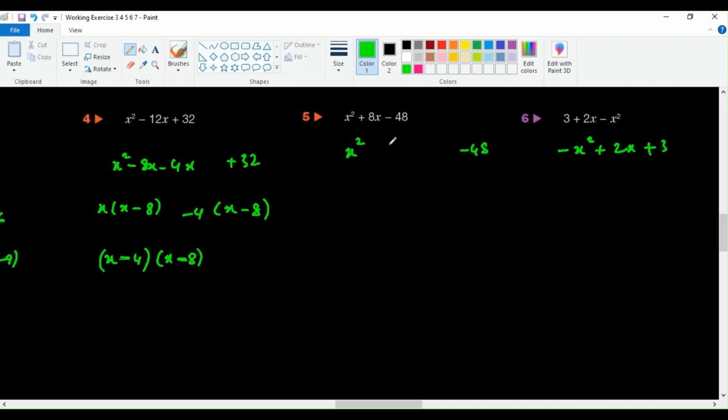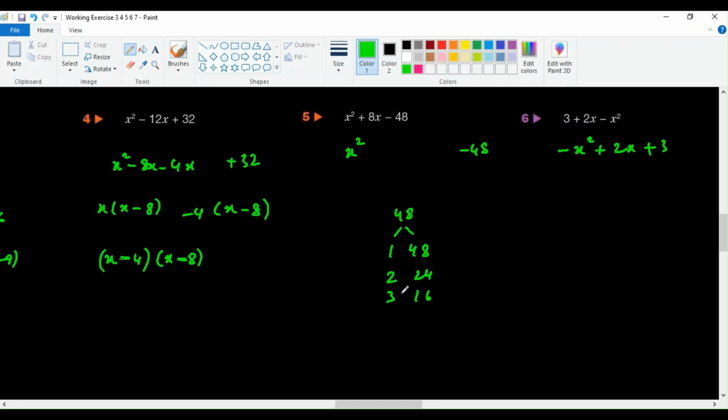Now 48. How do we get 48? Let's see. You get 48 by 1 times 48, which is not giving us 8. 2 times 24, and 3 times 16. Let's see. How do we get 48? Divided by 3 we get 16. 3 and 16 is not giving us 8.